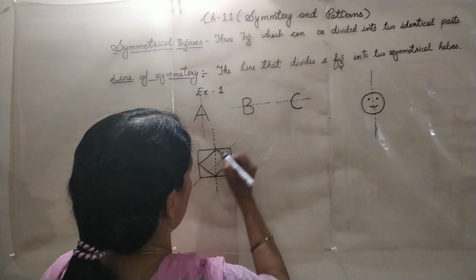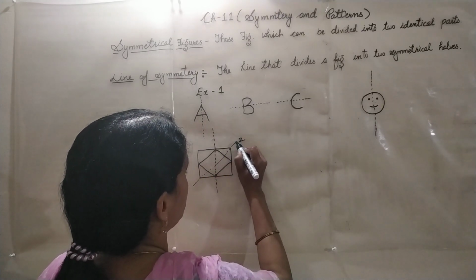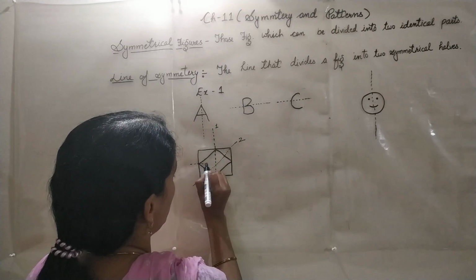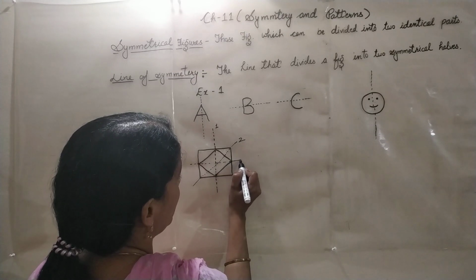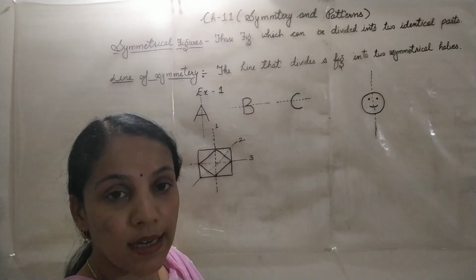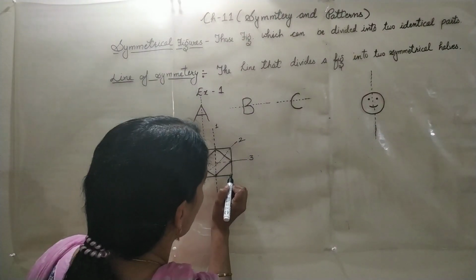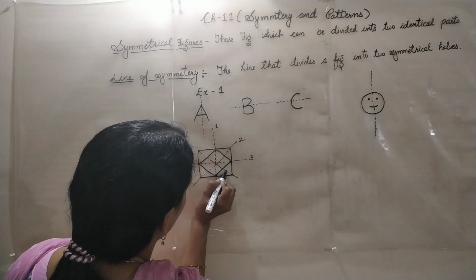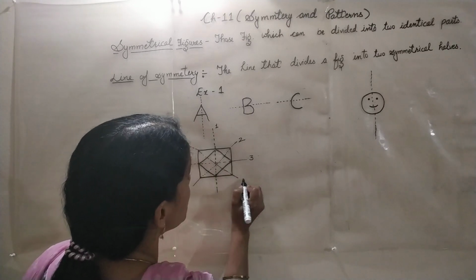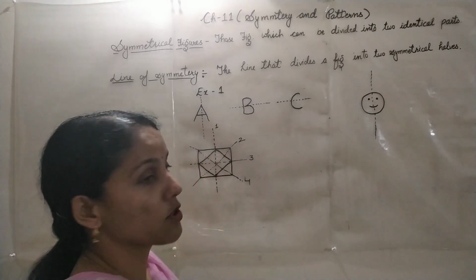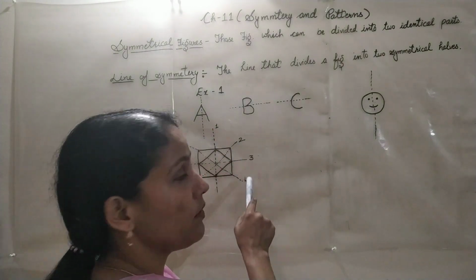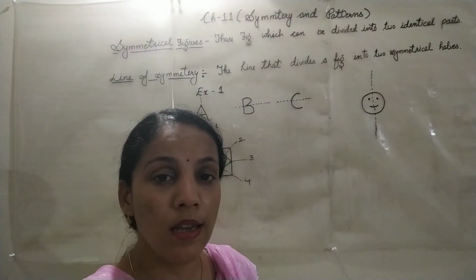This is the second line of symmetry. The third one is from the left hand side to right hand side. This is the third line of symmetry. Then next, from this corner to this corner. We call this the fourth line of symmetry. So how many lines of symmetry can we draw here? 1, 2, 3 and 4. Four lines of symmetry are there.